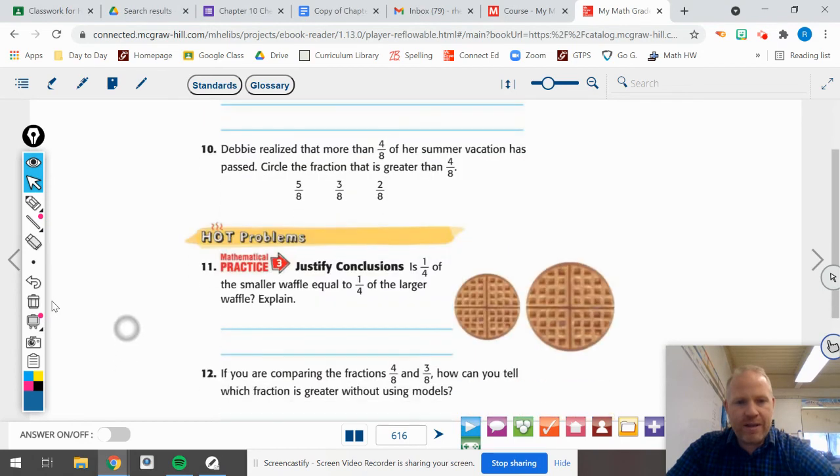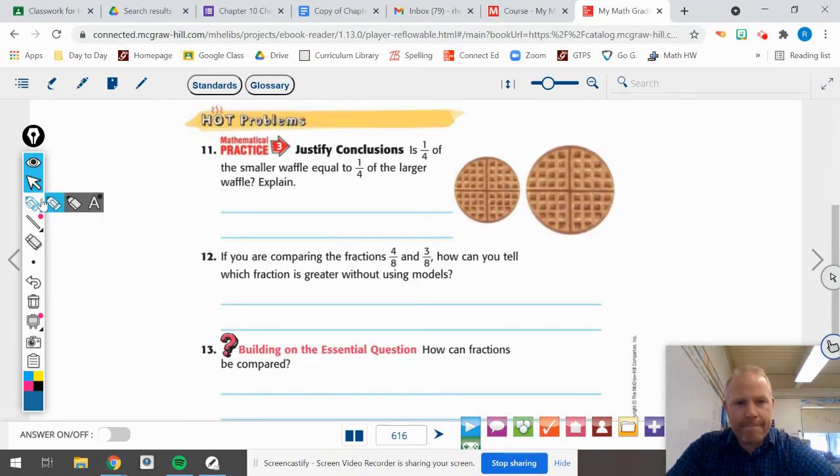Moving down to number 11. Number 11 says, let's justify. Is 1/4 of the smaller waffle equal to 1/4 of the larger waffle? So start by shading one of the fourths. So you can see they're cut into fourths, and we're going to shade 1/4. Now, is the 1/4 of the smaller waffle the same size as the 1/4 of the bigger waffle?